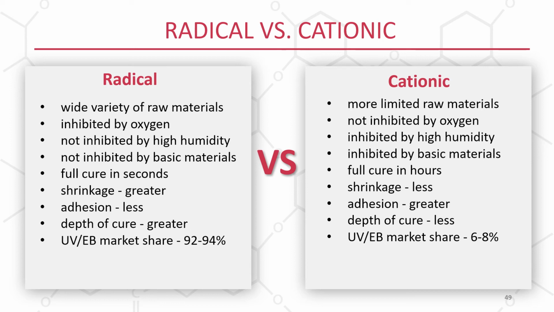And overall, UV-EB market share has been pretty stable, with free radical at around 92 to 94%, while cationic cure is the remainder, 6 to 8%. So I view these as both very good tools, but they're different, and they have their strengths in different applications.